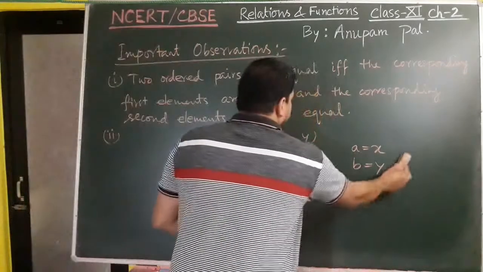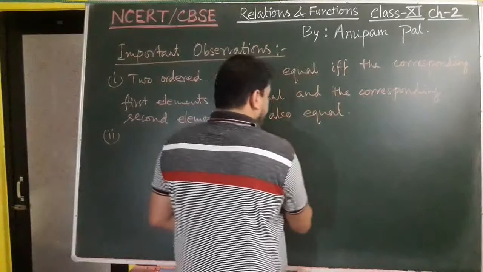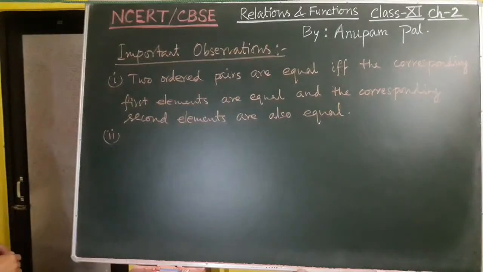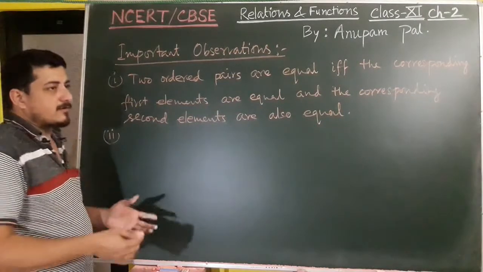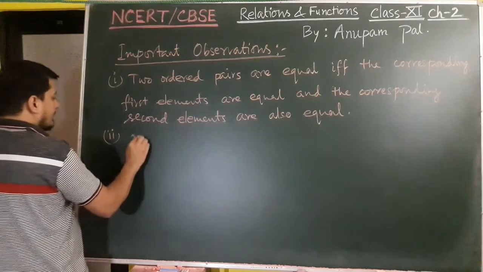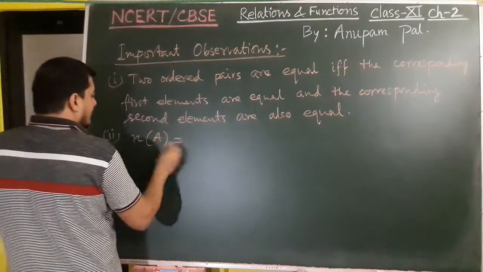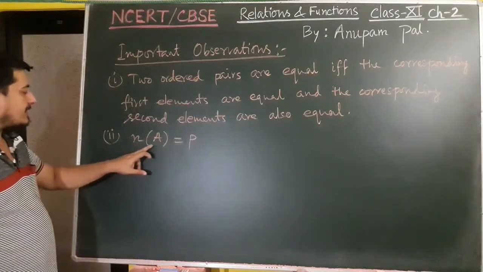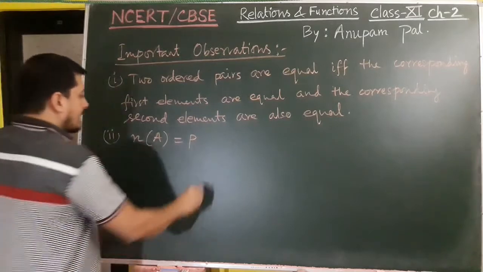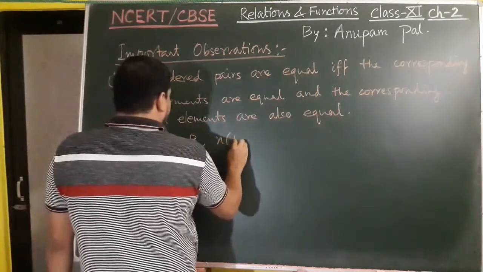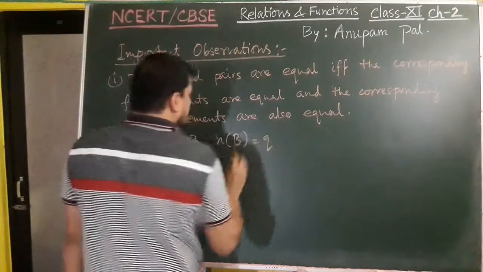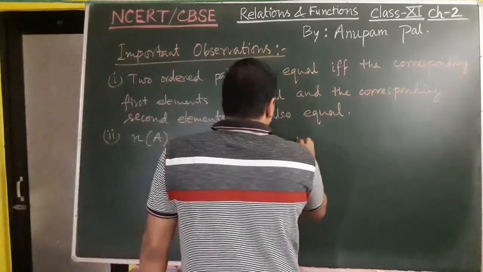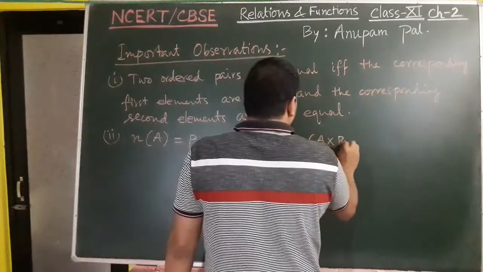Then the second observation is how many elements there will be in the cross product. Suppose there are p elements in A. So the cardinal number of set A is p, and suppose the cardinal number of set B is equal to q. Now what will be n of A cross B?